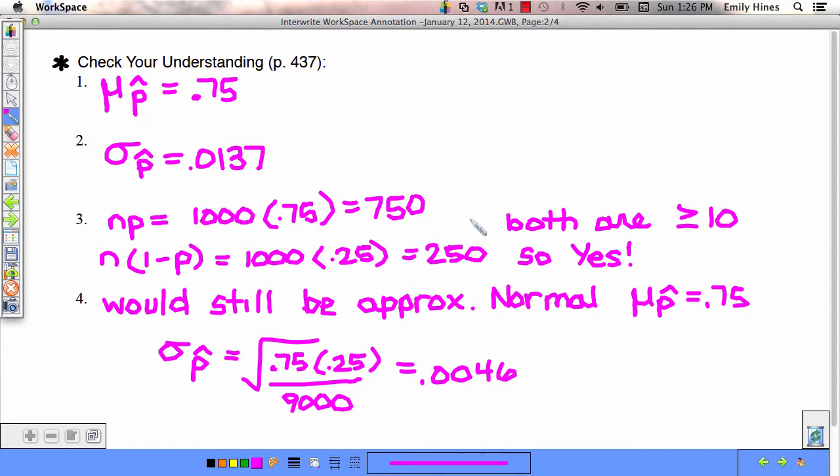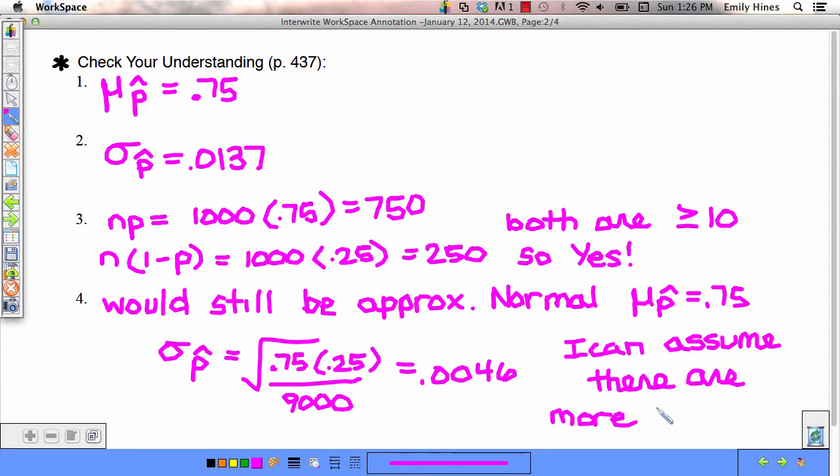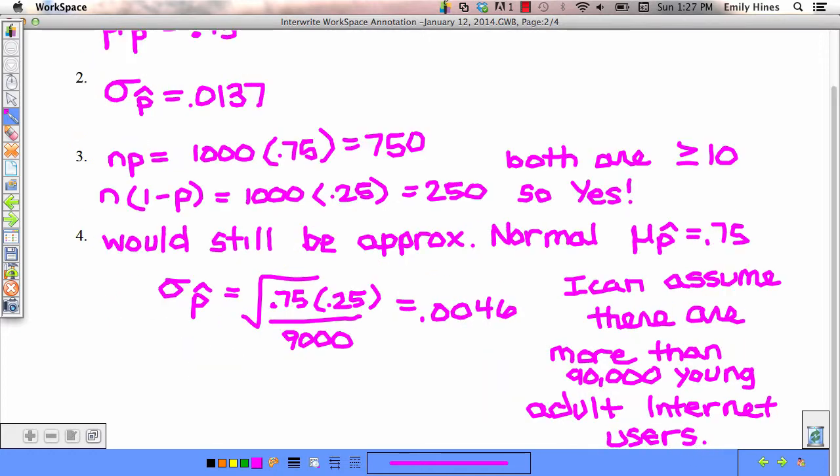And it's important to note here, whenever I do the standard deviation, that I can assume there are more than 90,000 young adult internet users.